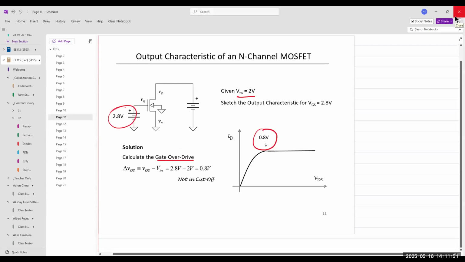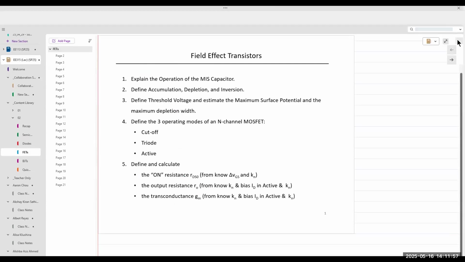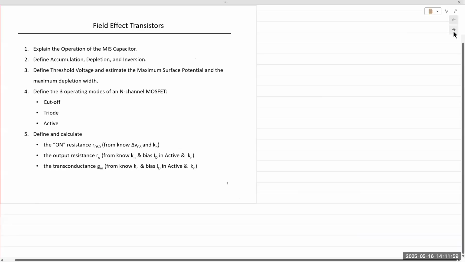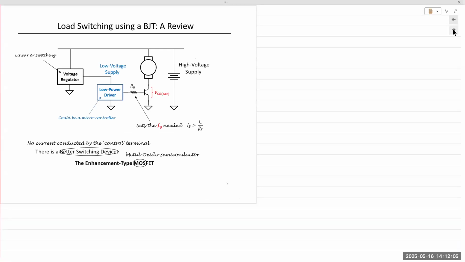like a BJT, an FET is also a three-terminal device, and the terminology is also kind of very similar. So in a BJT, we have a collector, a base, and an emitter.